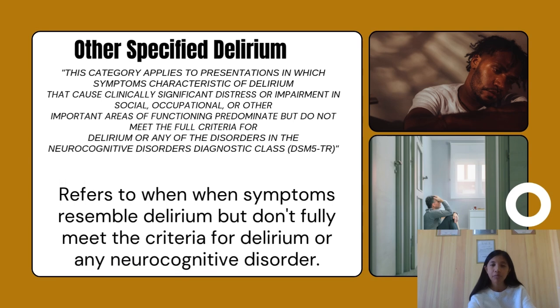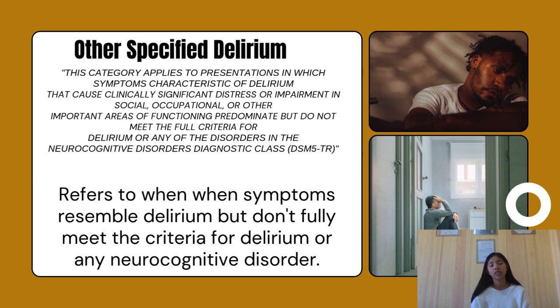When we say other specified delirium, this category applies to presentations in which symptoms characteristic of delirium that cause clinically significant distress or impairment in social, occupational, or other important areas of functioning predominate but do not meet the full criteria for delirium or any other disorders in the neurocognitive disorder diagnostic class.